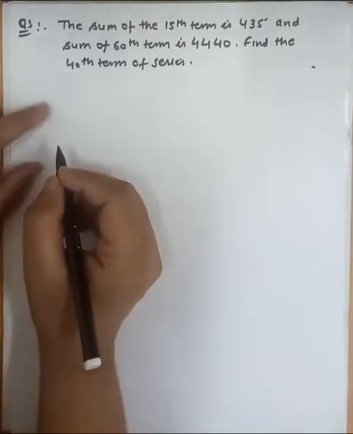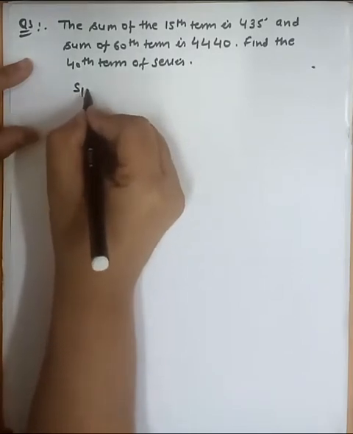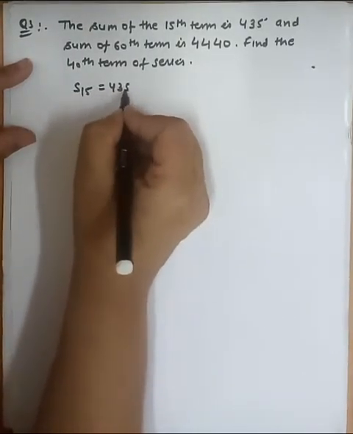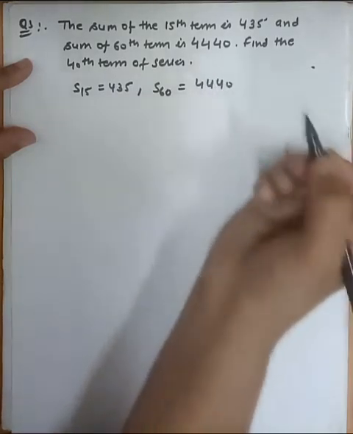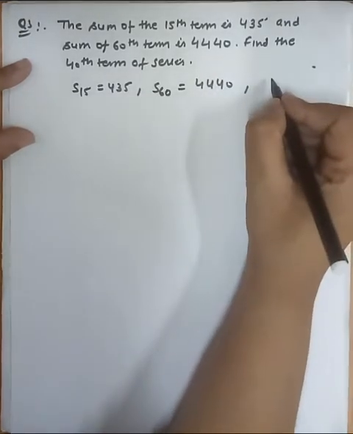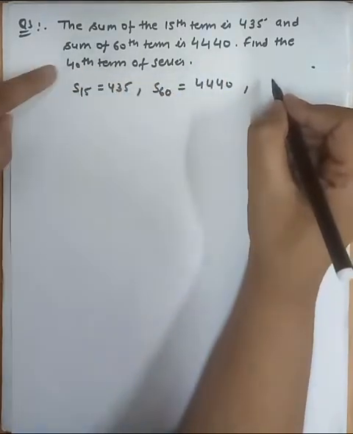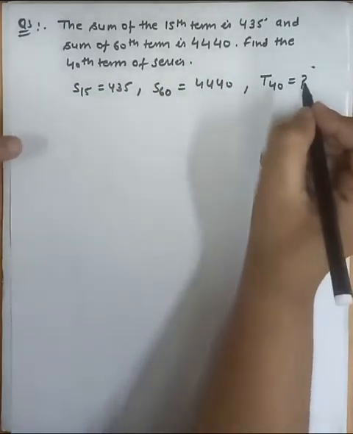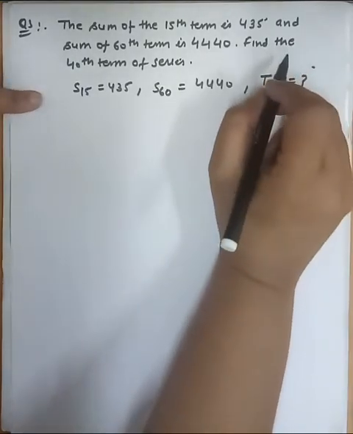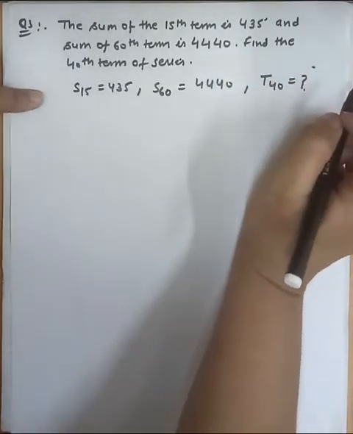So friends, here given S15 value is 435, S60 value is 4440, and find the 40th term. It means we find T40, not S40, because here find the 40th term of the series, not the sum of the 40th term.